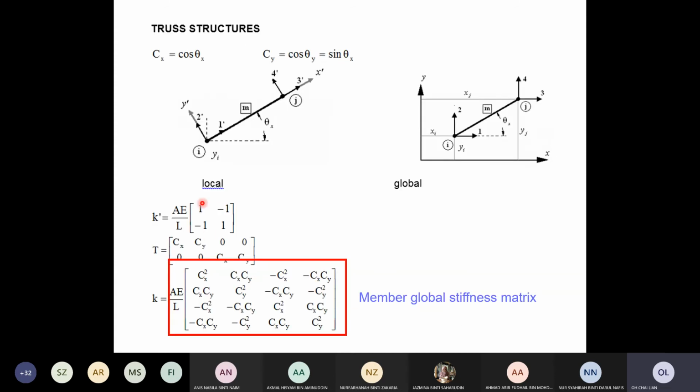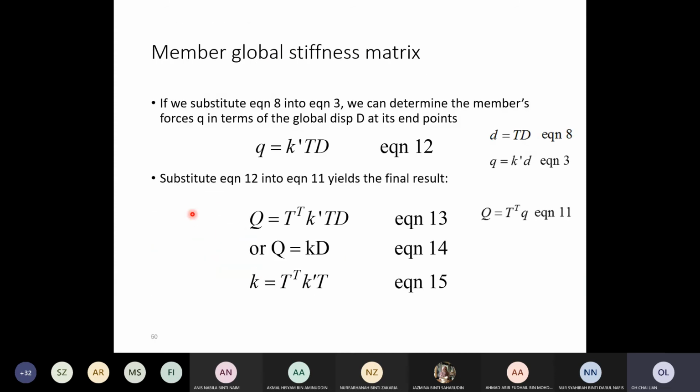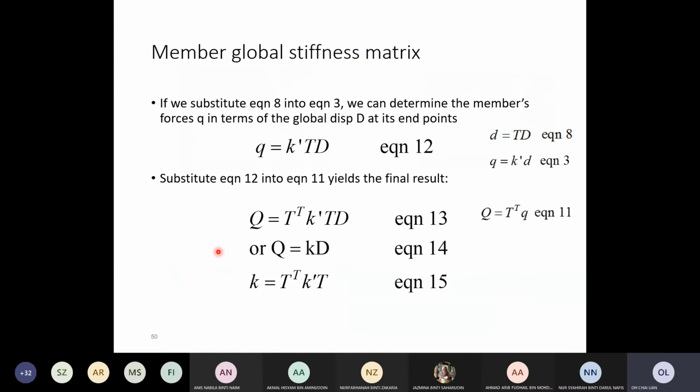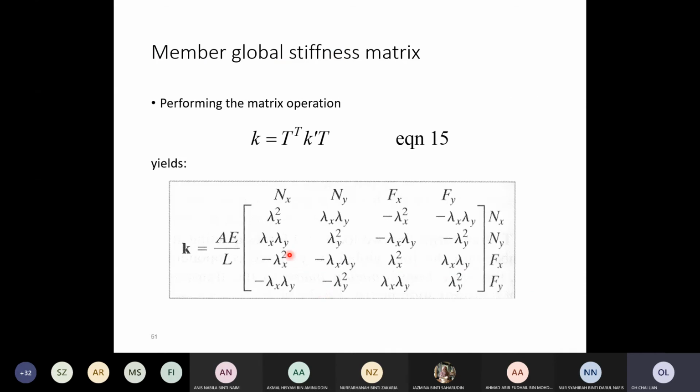K prime is this one. And multiply with this T. If you are interested, you can try it. So this T transpose matrix multiplied by the K prime matrix multiplied by T, you will get this matrix, which is the member global stiffness matrix. And we are going to use this in our calculation.